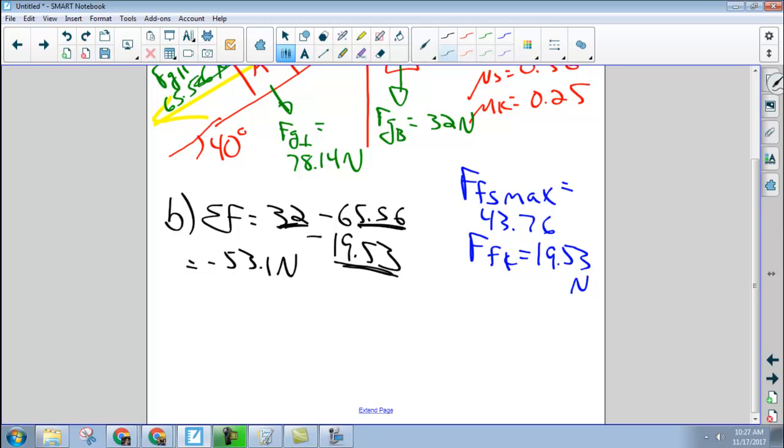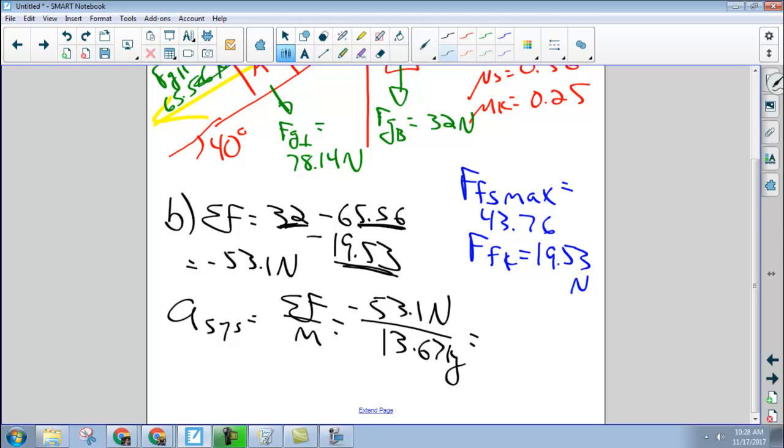All right, so to find the acceleration of the system, it's net force over mass. The net force is negative 53.1 newtons. Did anybody find the mass by any chance? 13 point something, I think. Yeah, it's 102 plus 32 divided by 9.8, 13.67.